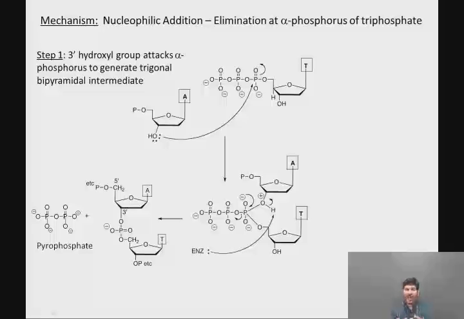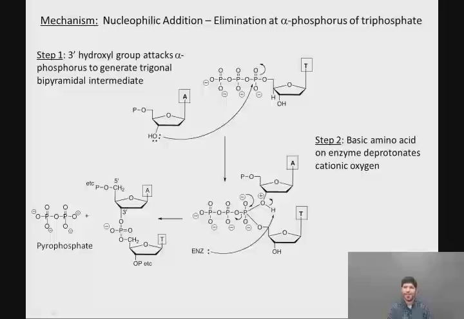Remember that the trigonal bipyramidal intermediate on a phosphorus ester is equivalent to the tetrahedral intermediate on a carbon ester. It's just because phosphorus is forming 5 bonds instead of 4 bonds, the geometry is trigonal bipyramidal.